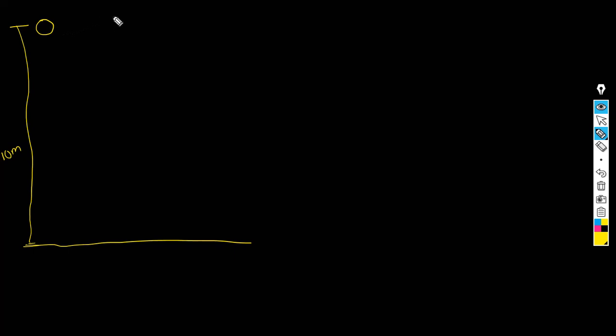Let's start with the kinetic energy. The kinetic energy is one half times its mass times its velocity squared. By the way, I haven't given you the mass, so let's keep it simple. Let's suppose that the mass is 1 kilogram. So let's calculate the kinetic energy of this particle at this position.